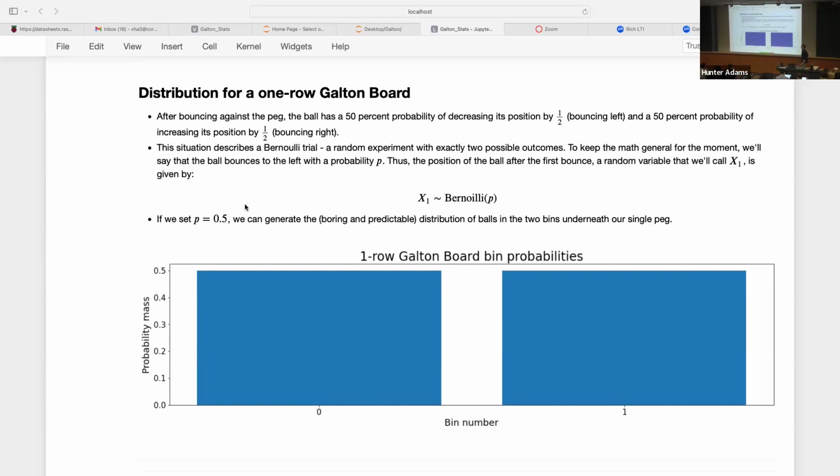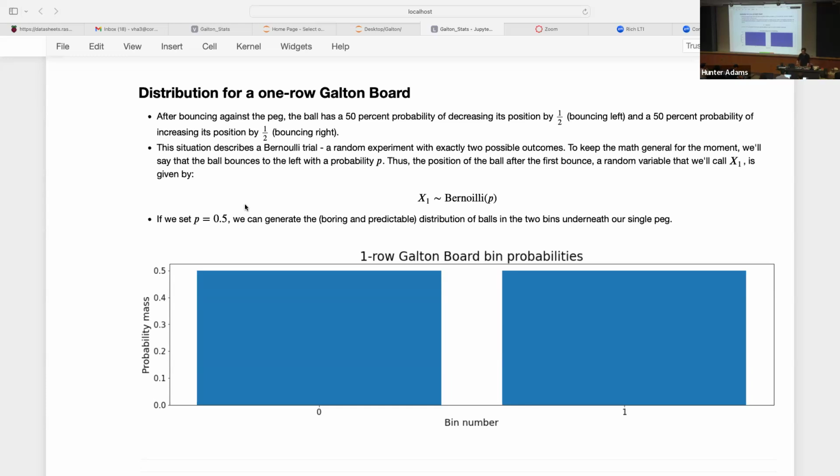What you end up with is the very predictable and very boring distribution shown here. If you bounce a ball off of 1 peg, it's going to, with 50% probability, go here or here. And so you end up with 50% of your balls on the left in bin 0, 50% on the right in bin 1.